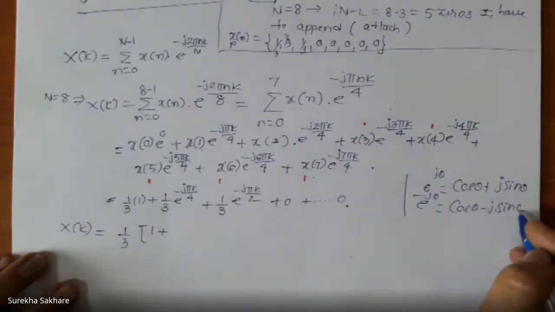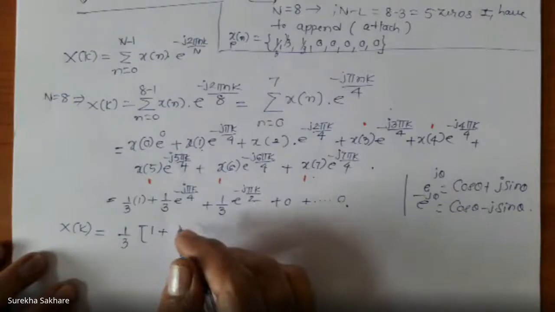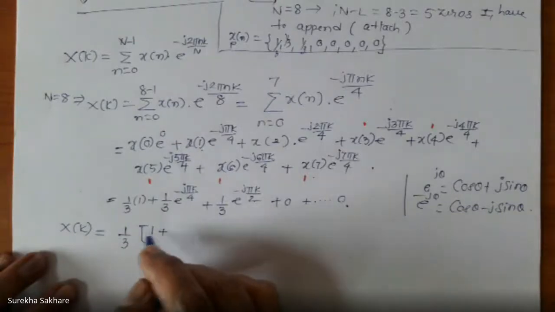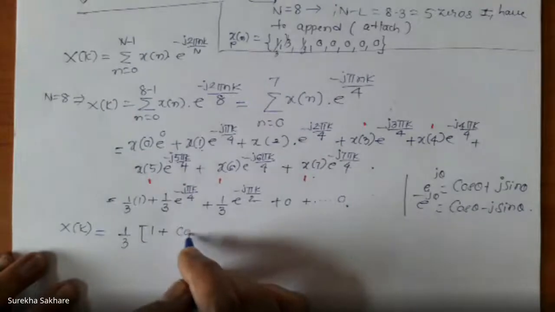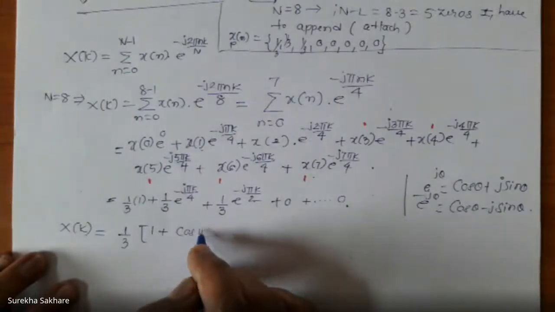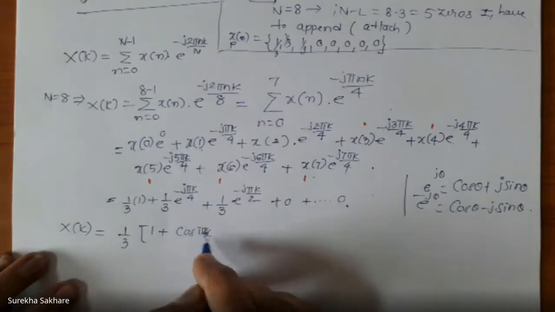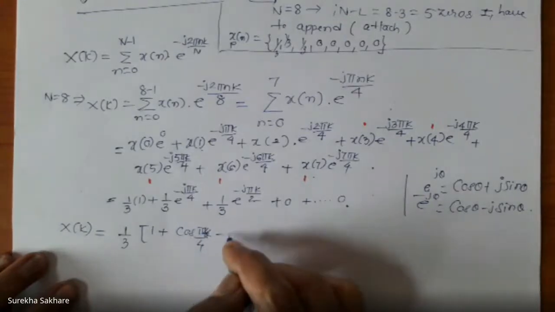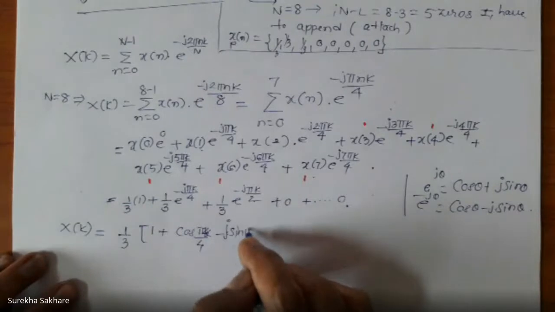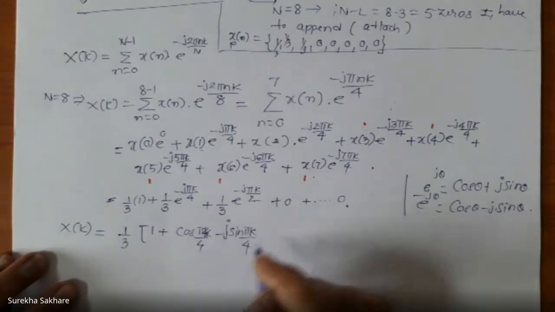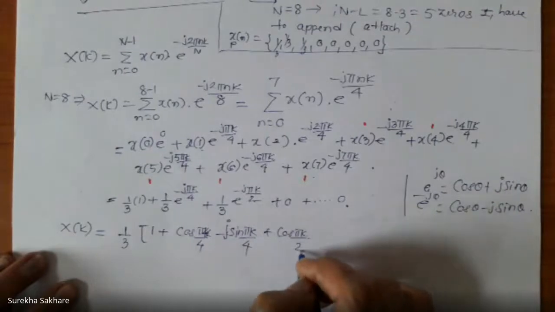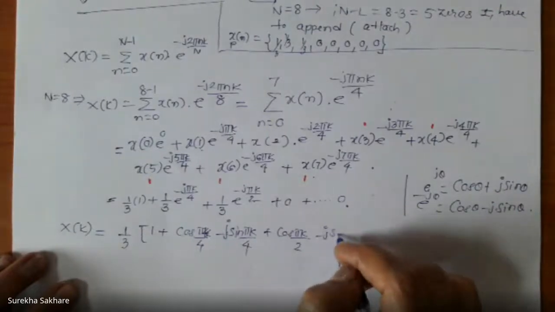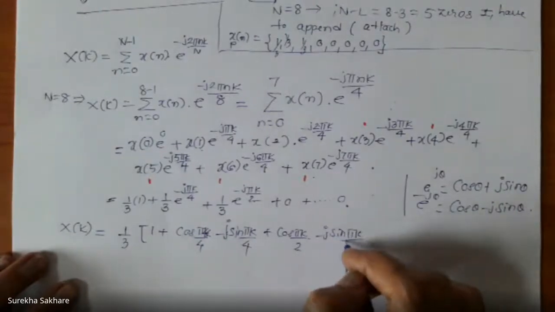So here I will be taking 1 by 3 common. So I am left with only cos pi k by 4 minus j sin pi k by 4 plus cos pi k by 2 minus j sin pi k by 2. This is what in hand I am having.